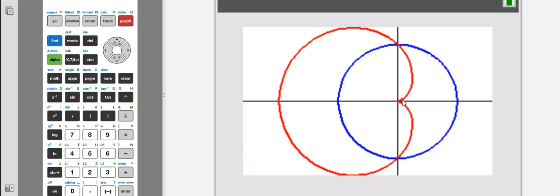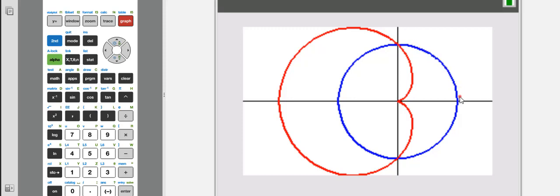Now, in order to do that, we got to find alpha and beta. And we know that r equals 1 is the longer radius, and r equals 1 minus cosine theta is the shorter radius. Now, how do we get from here to here? Well, looking at theta, it looks like we're going from 0 to pi over 2.